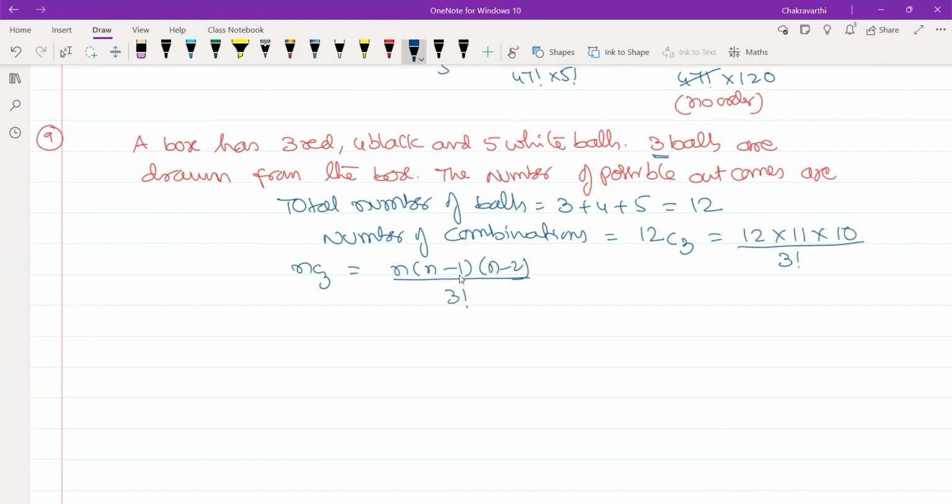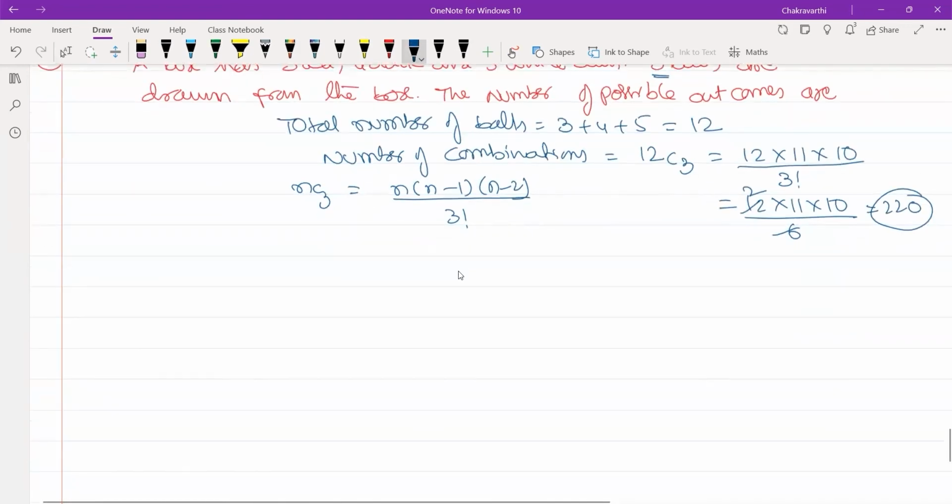Replace n by 12. That is 12 into 11 into 10 by 6. 2 times cancel. That is 220 possible cases. 220 selections are there.